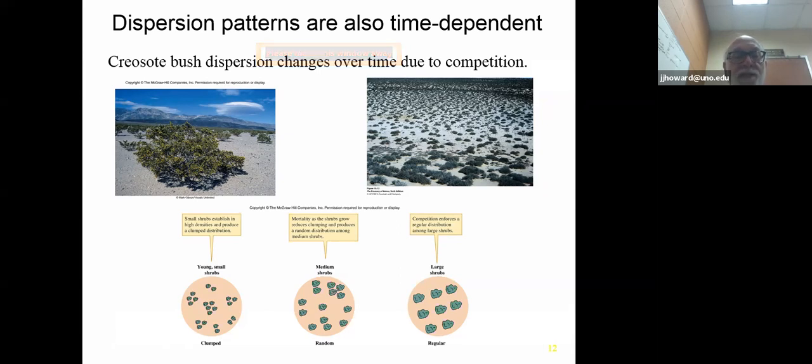And that's going to change this aggregated pattern into more of a random pattern, because which organisms die is going to be kind of random. And so in the end, you'll get this regular distribution of the survivors. So dispersion patterns are scale dependent and they are time dependent.